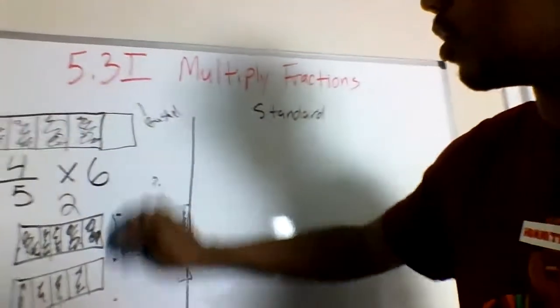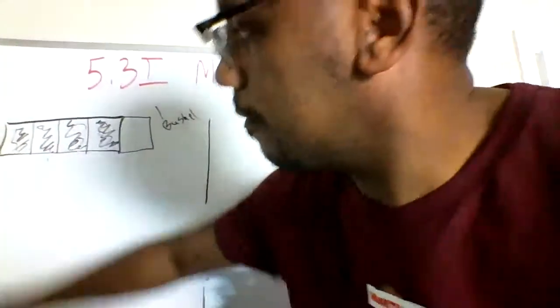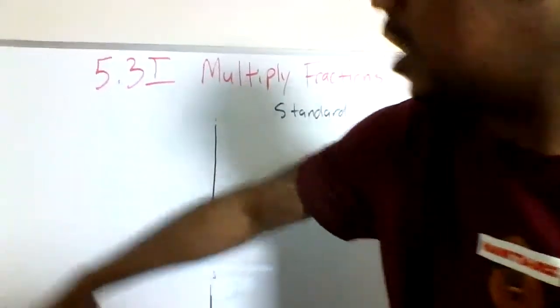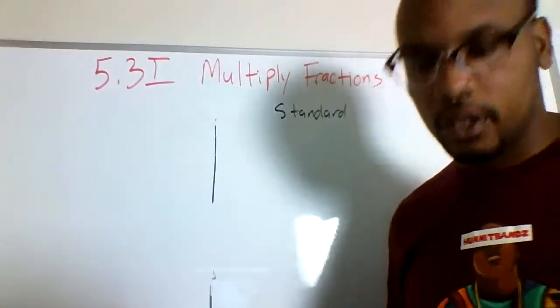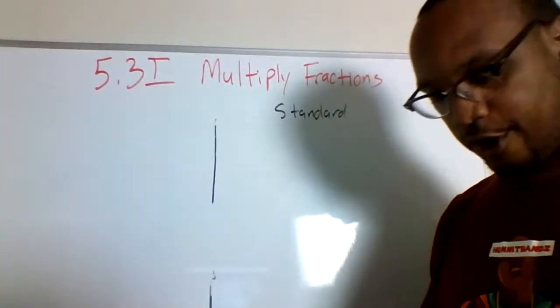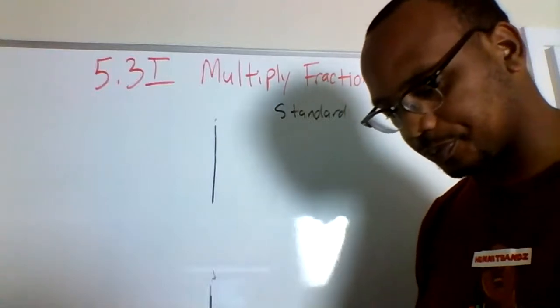Number 2 says Samantha needed 6 pieces of wire to make 1 pair of earrings.